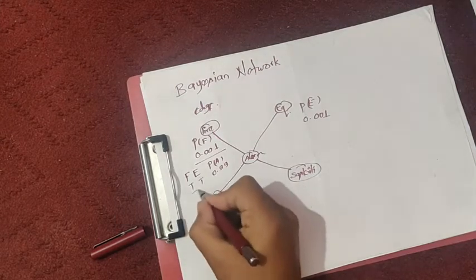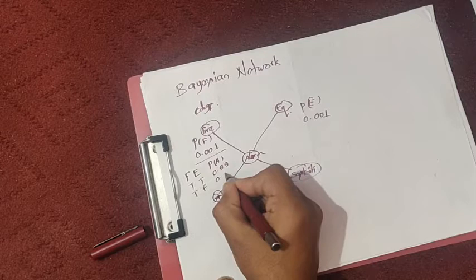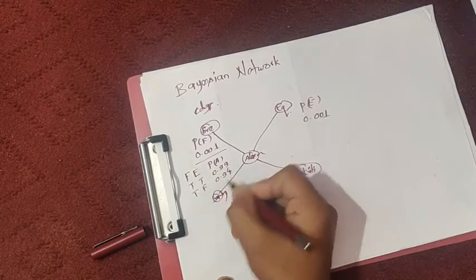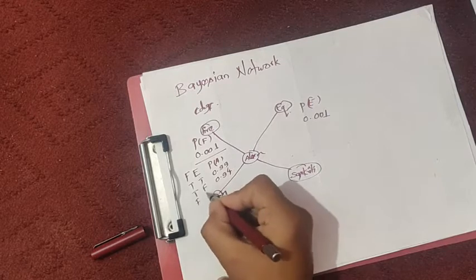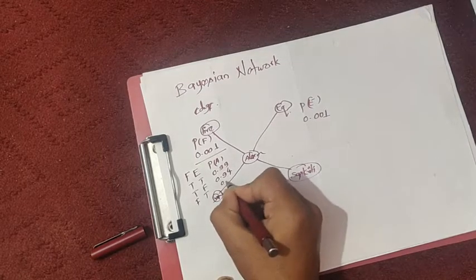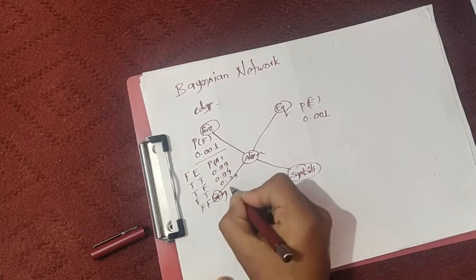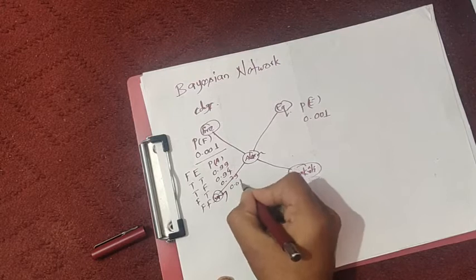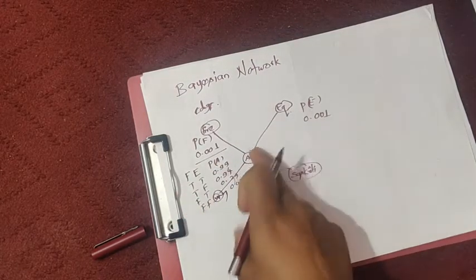If fire occurs but earthquake does not occur, it is 0.94. If fire does not occur but earthquake occurs, the probability of alarm is 0.29. And if both do not occur, the probability is 0.01. This is the probability table for the alarm.